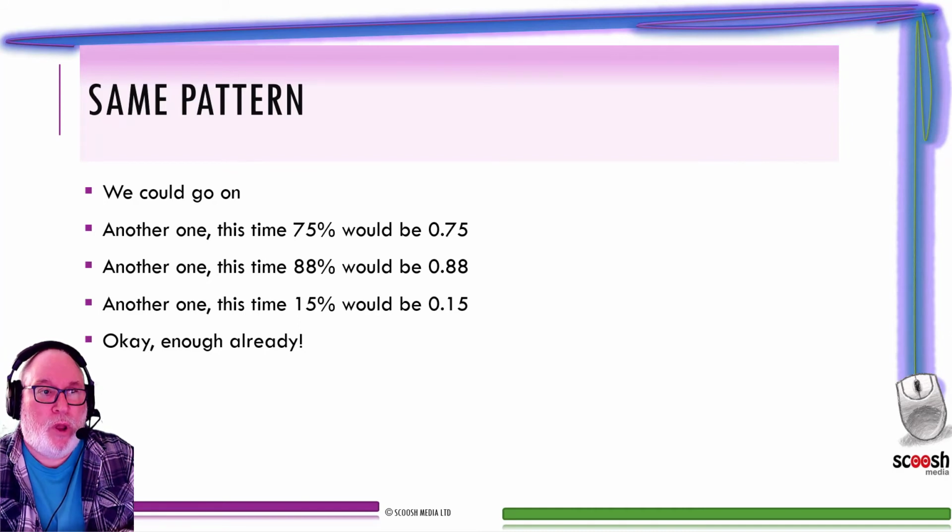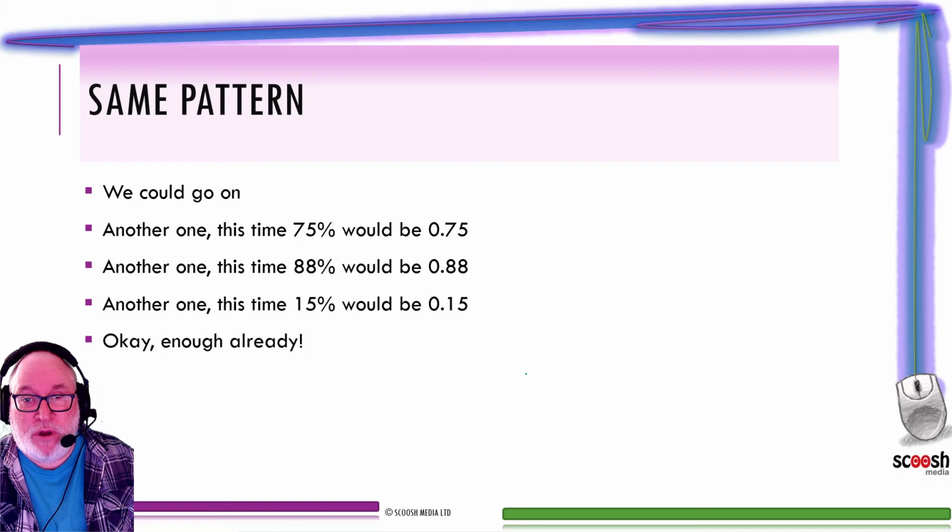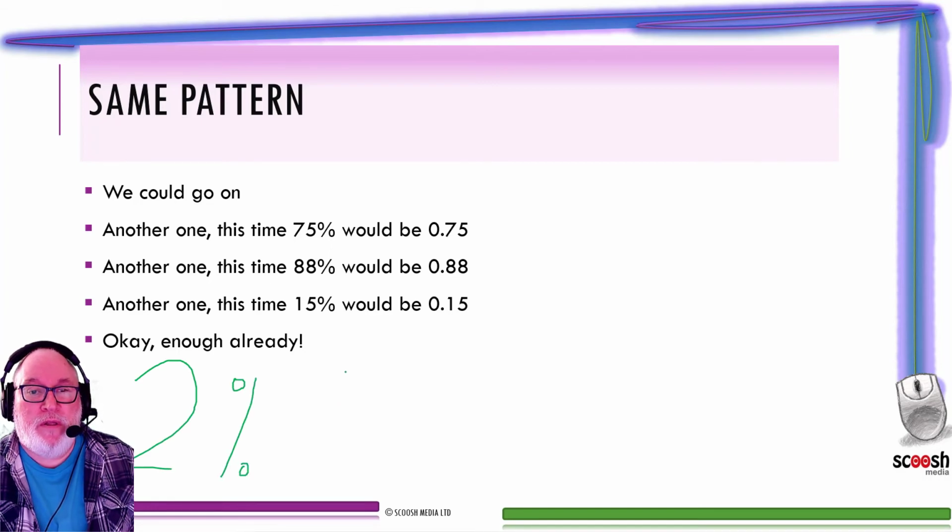Do be careful if you have a small amount, such as 2%. That's exactly the same as 2 over 100, so it's 2 divided by 100. So we move the decimal point. If it's 2, remember that it would be 2.0, because it's a whole number.